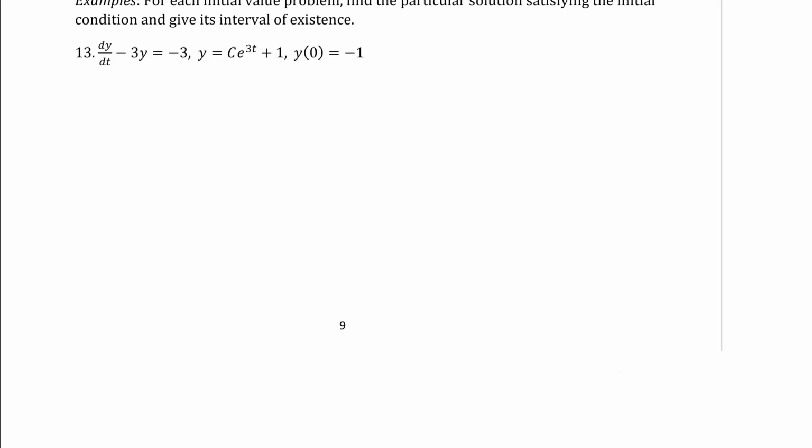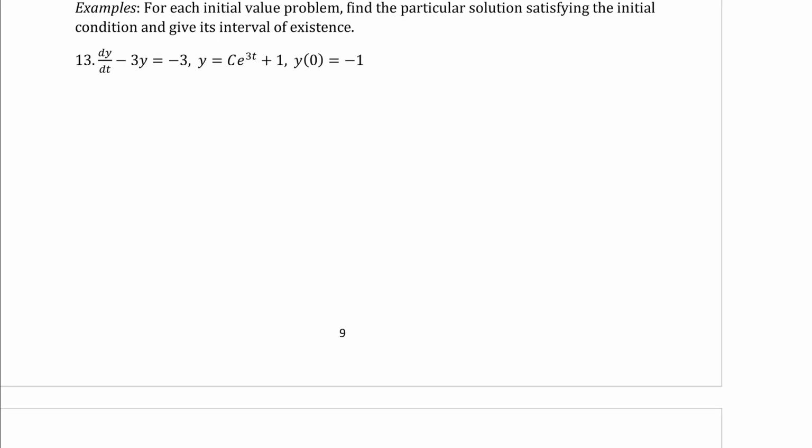All right, so if you look down here, we've got a differential equation, a first order differential equation. We've got a solution here which involves a parameter, so perhaps that is a general solution. It's hard to tell until we learn some theorems whether that actually is a general solution or not. And what we have here are some values for the variables. These are what are called initial conditions.